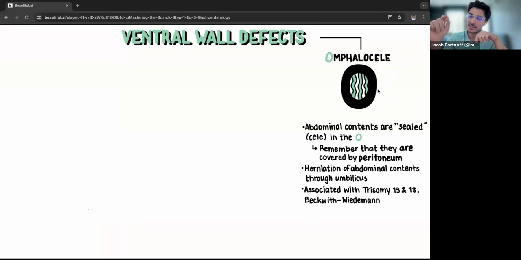In particular, the omphalocele is associated with congenital abnormalities like trisomy 13, 18, and Beckwith-Wiedemann. Remember, with Beckwith-Wiedemann, you're going to be thinking of macrosomia, large body size at birth. You're going to be thinking large tongue, macrosomia, hypoglycemia, and all those features.